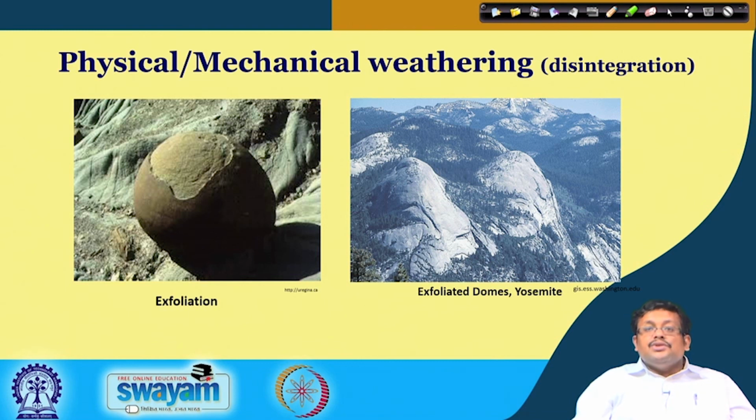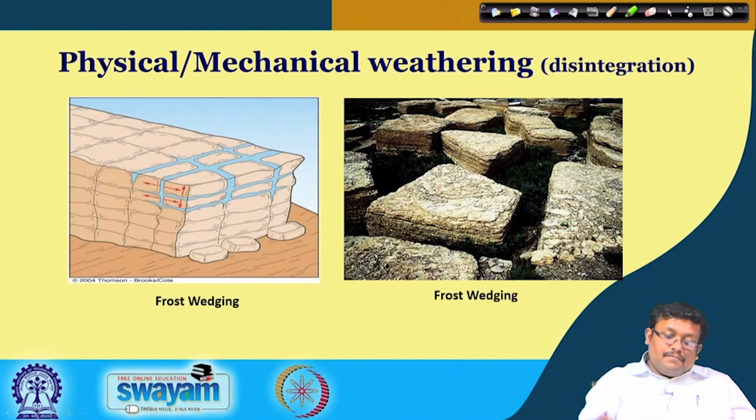The second picture shows the exfoliated domes in Yosemite mountains of Sierra Nevada, which is situated in California state of USA. If you go there, you will see this type of exfoliation occurs, due to the temperature mediated mechanical weathering.